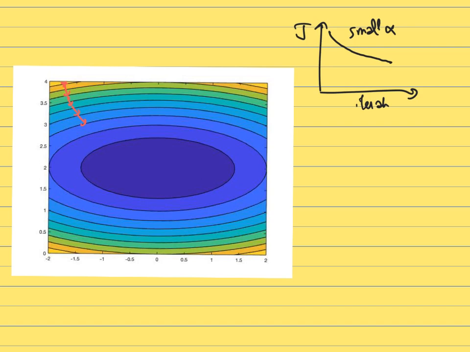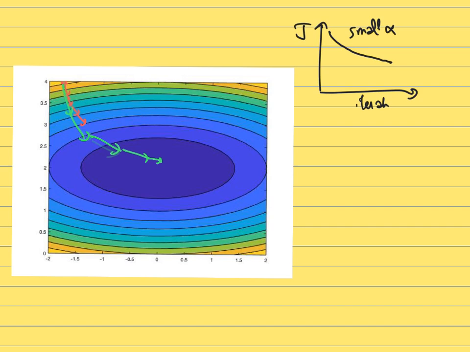So a good choice of learning rate would be something that allows you to find the minimum in a pretty small number of iterations. The more quickly you can find the minimum with a minimum number of iterations, the more it means that you have chosen an optimal learning rate.